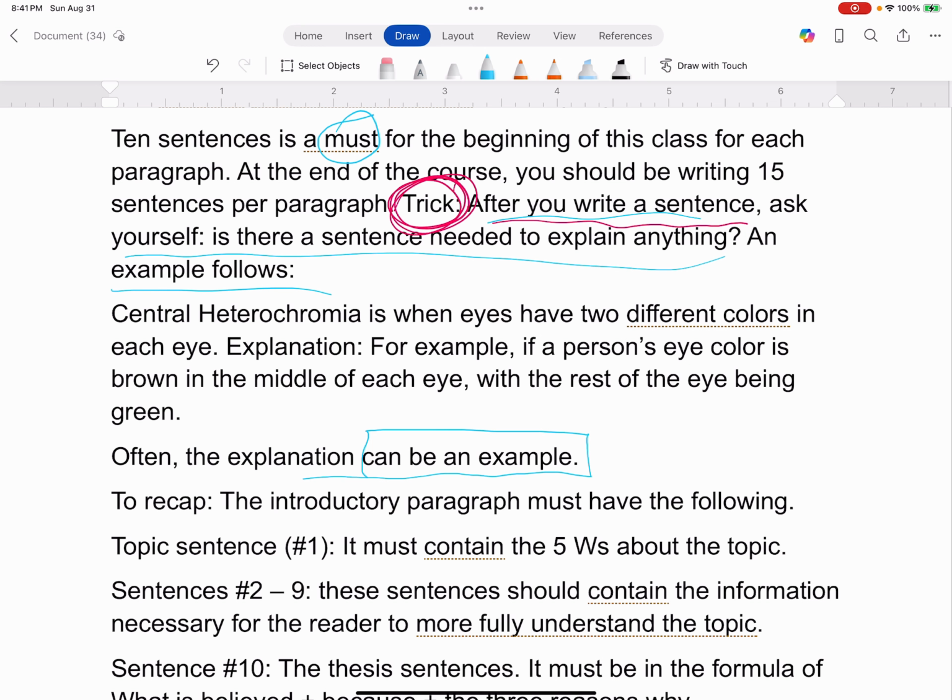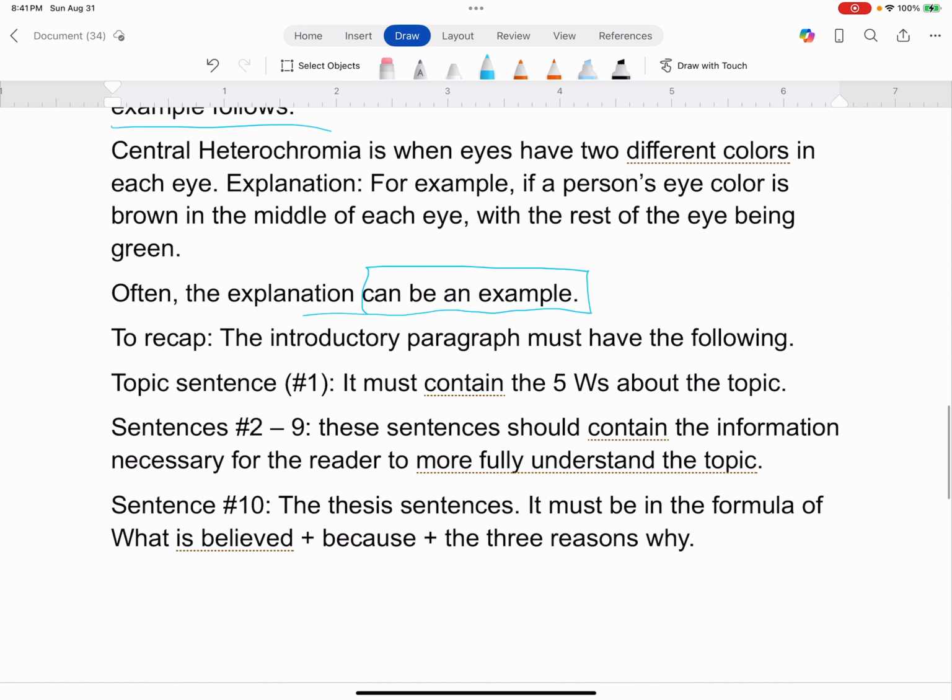Or heterochromia can be 2 different colors, a different color for each eye. For example, one eye may be blue, one eye may be green. Or heterochromia is sometimes mistaken for hazel eyes. For example, hazel eyes are a mixture of colors, but heterochromia has the sunflower in it, period. So you can use that.